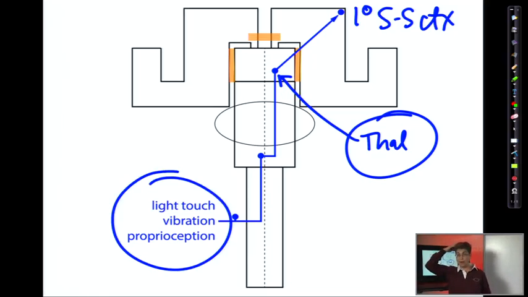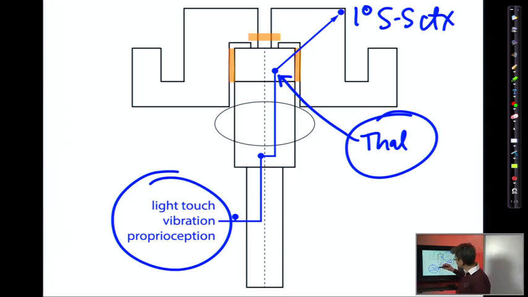That means that my right somatosensory cortex is getting information from my left body. My left somatosensory cortex is getting information about touch, vibration, and proprioception on the right side of my body.